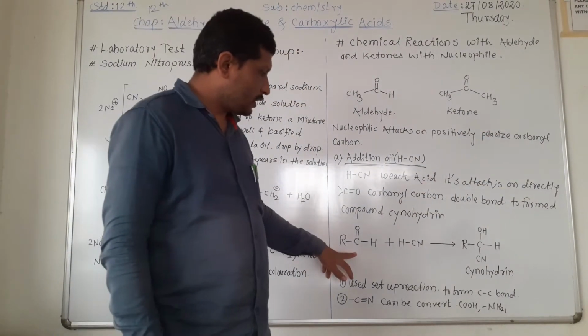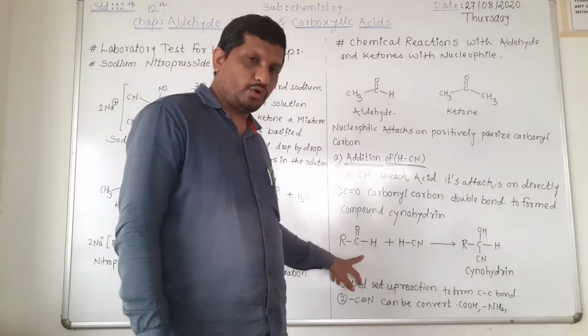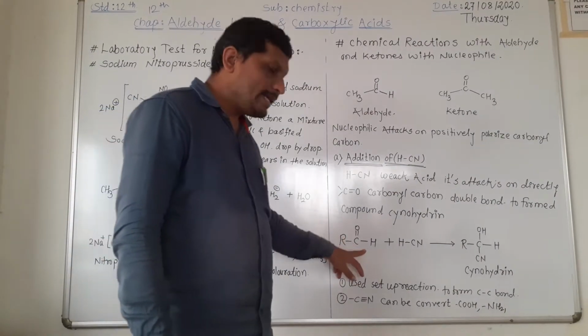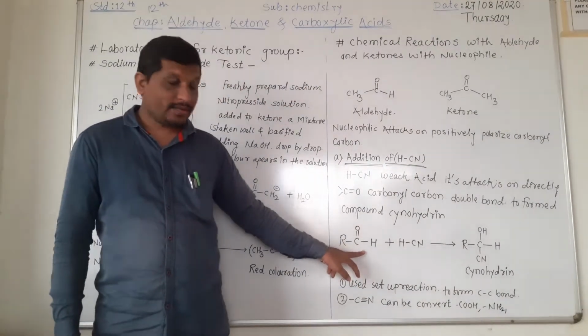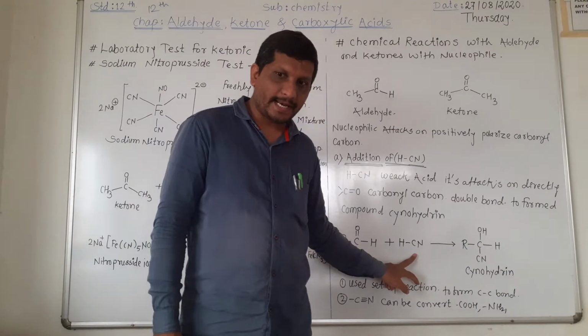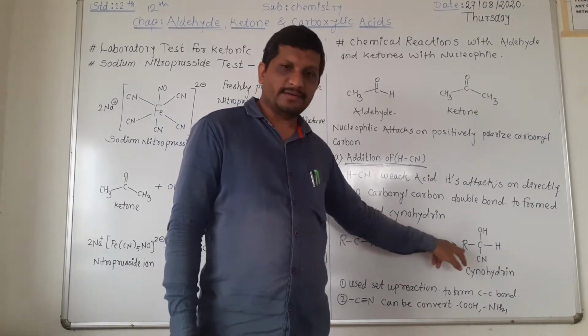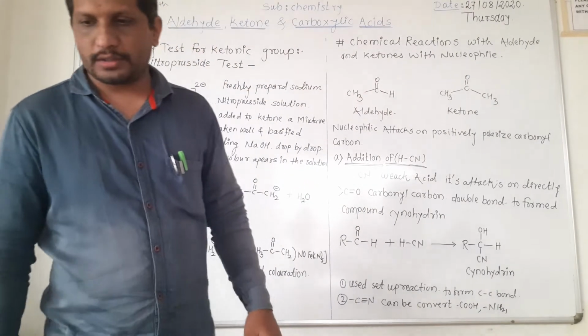Now here the general reaction also shows the aldehydic group reacting with hydrogen cyanide to give the cyanohydrin product.